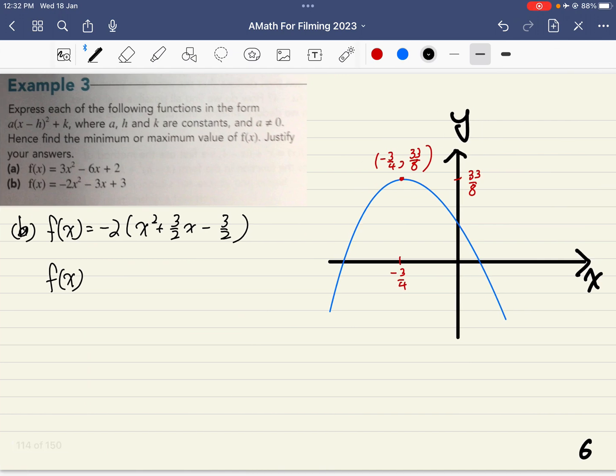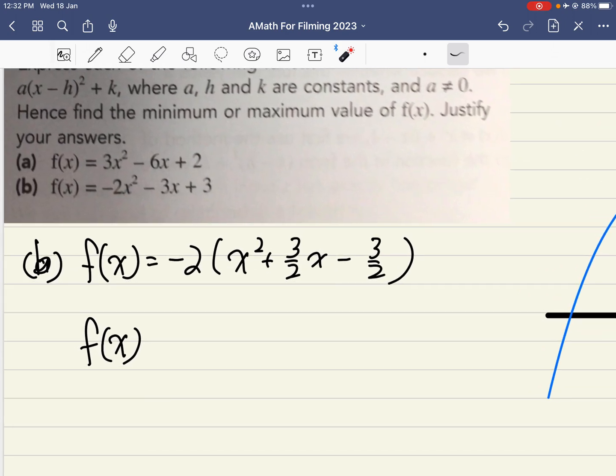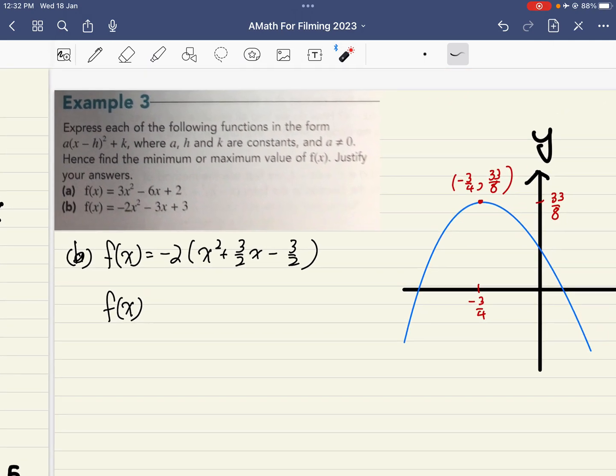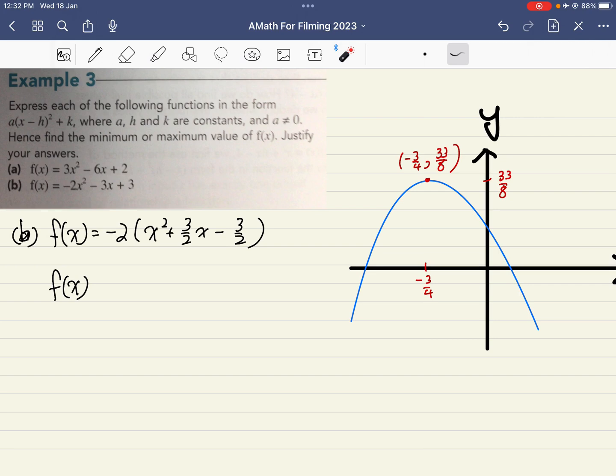Now I'm going to do part B. Remember I said that there will be points in time whereby the coefficient of x squared will actually be negative. So as in this question here, notice that the coefficient of x squared is negative 2. The only way we can start to complete the square is by allowing the coefficient of x squared to be equal to 1.